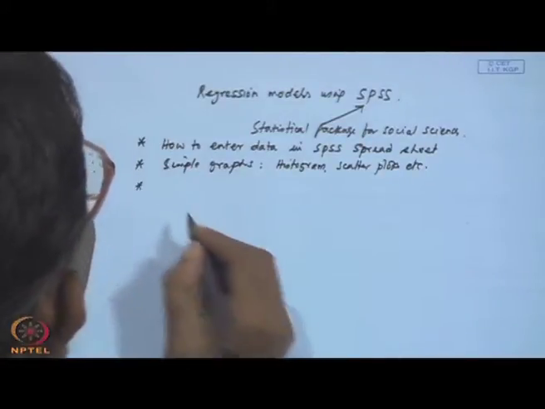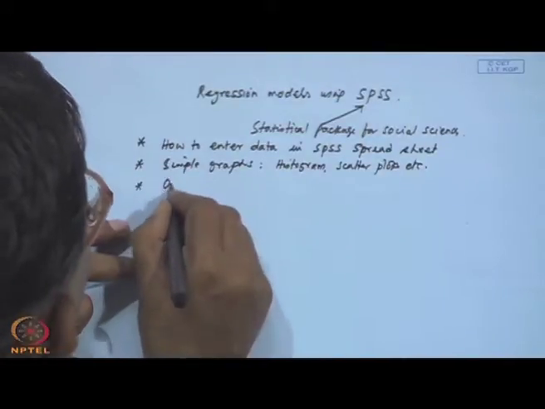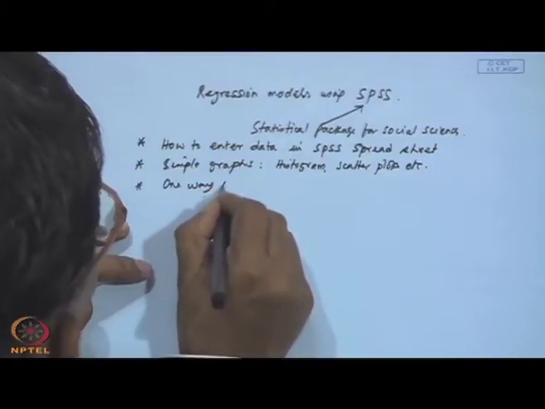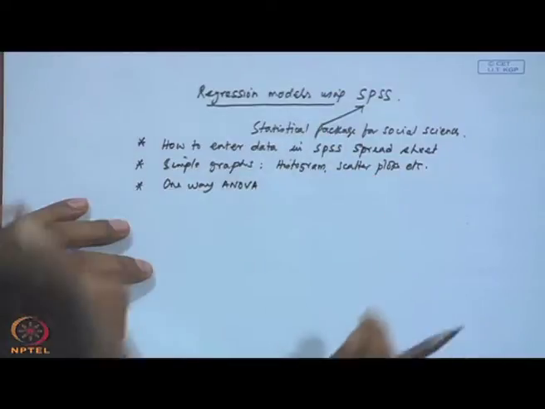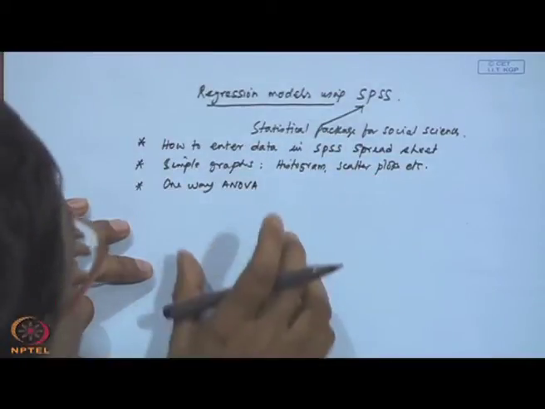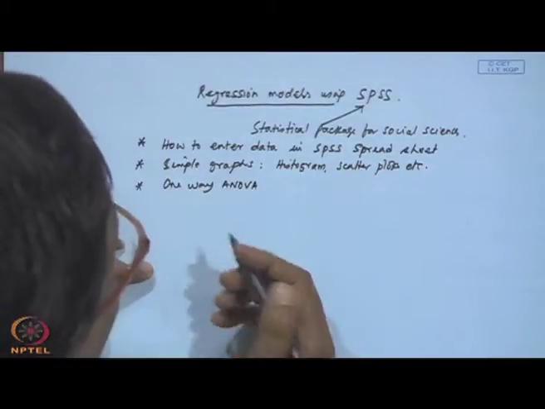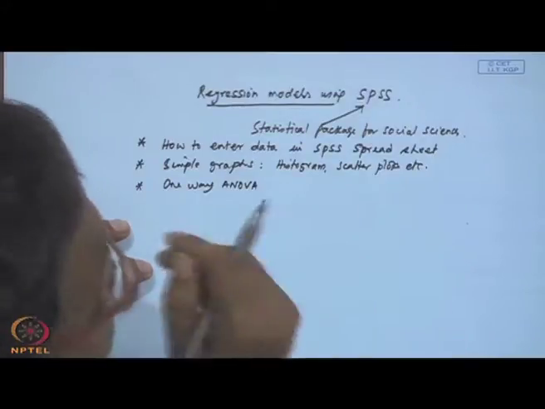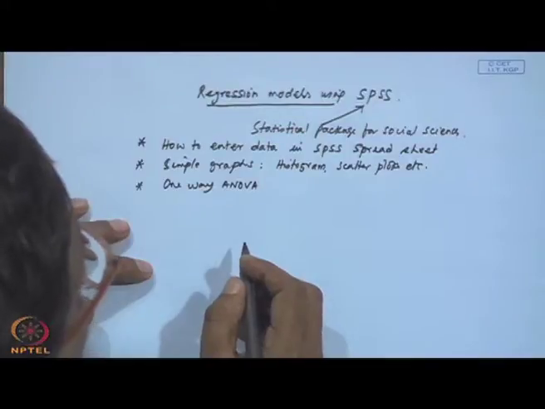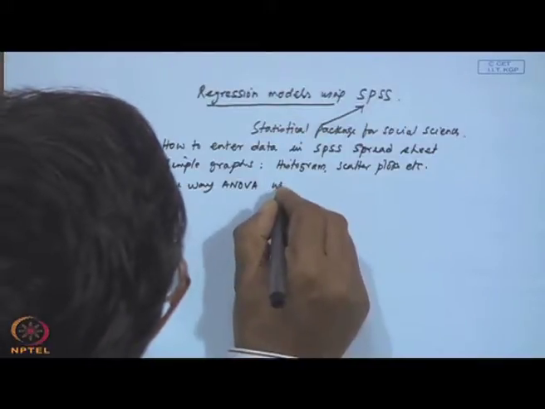Then I will show you one-way ANOVA. Although the topic is regression models using SPSS, because this is the first model class we have taken, I will show one-way ANOVA using SPSS.